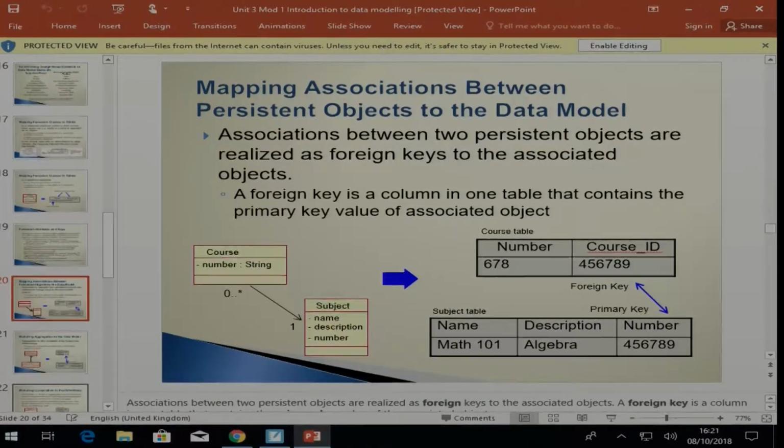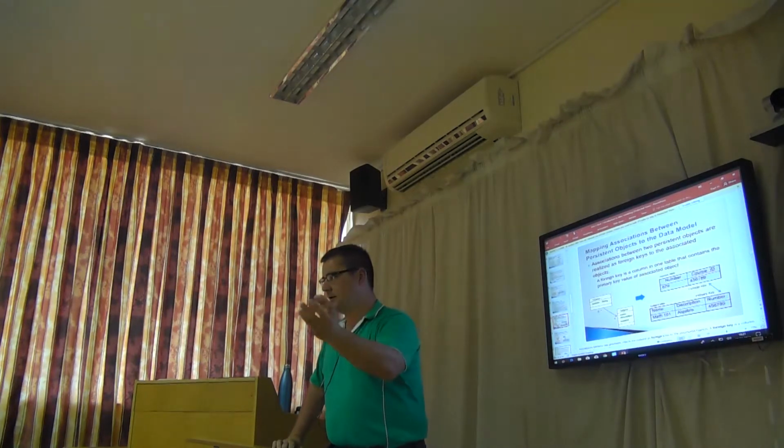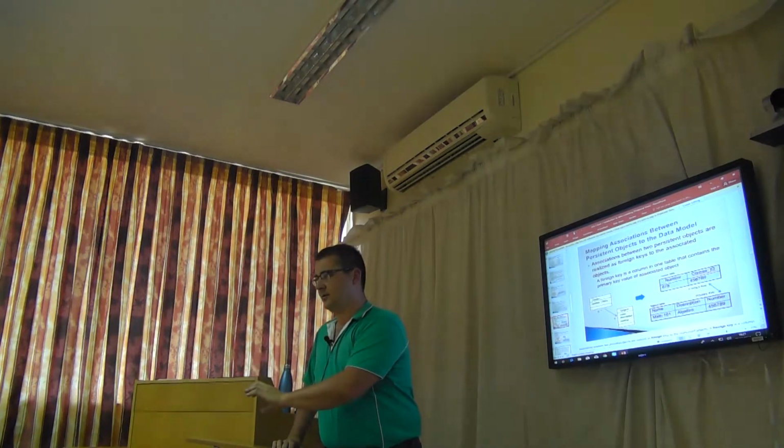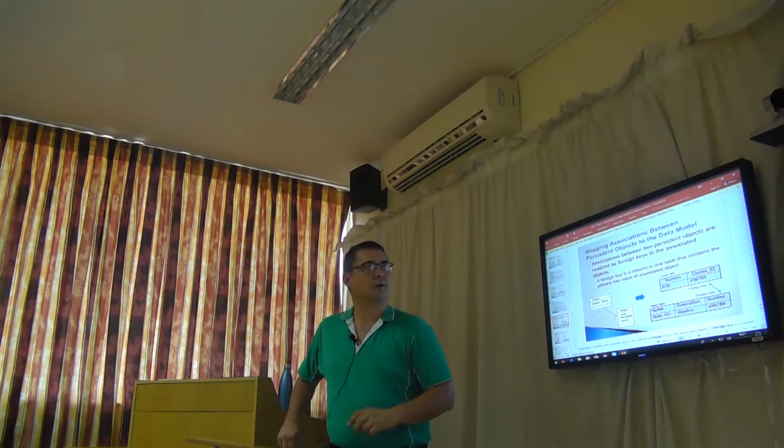And if we look at the subject, there's also now a corresponding field in there, which is called a foreign key. Now, a foreign key helps us to relate one table to another table based on some key combination. Okay.